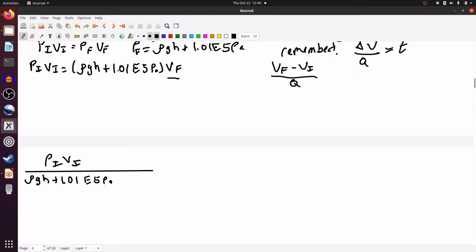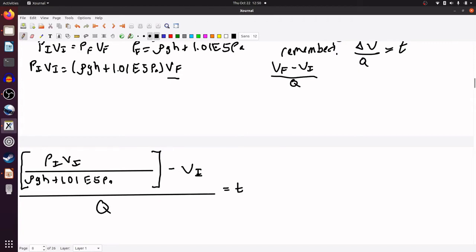And so this is all my VF, by the way. So I'm going to put this in brackets to say, hey, I made a substitution. And that's all minus your VI. And then that's all over your volumetric flow rate of Q. And that will be time.